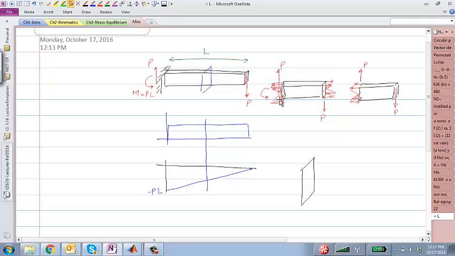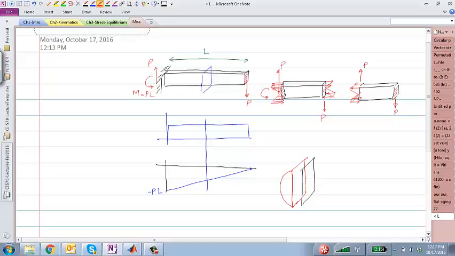Can anybody tell me what are the distributed forces due to shear? What do they look like on a cross section? A bunch of vectors going this way with all the same length, or would it be something else? Okay, let me try to draw that. The distribution due to shear is actually quadratic, right?